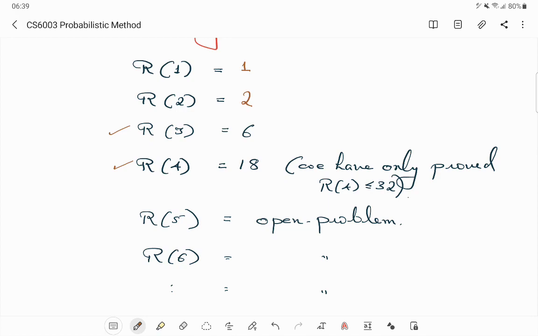You get all the supercomputers in the world and program them and try to search and find out what is R5, right? So maybe you will try with all the colorings of K43, K44 and so on, and then try to solve the answer.